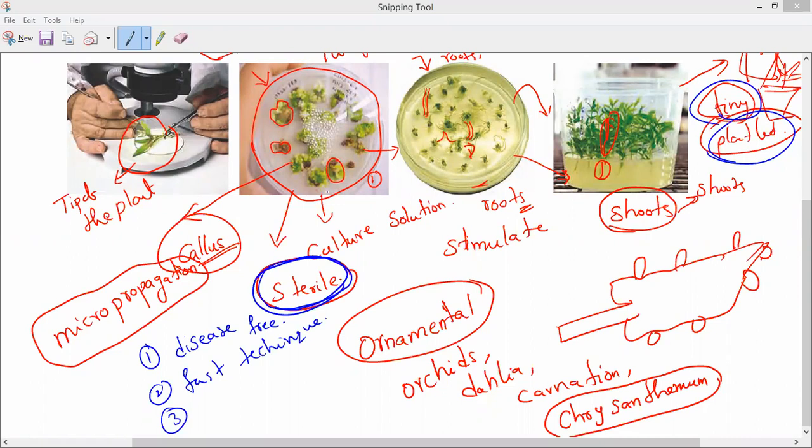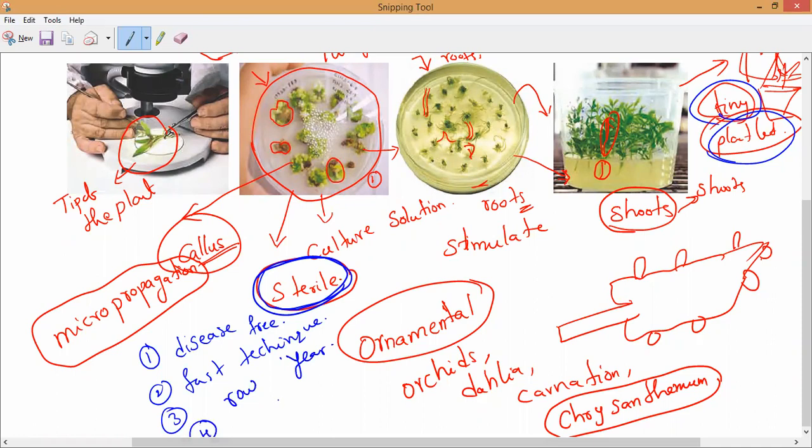It is growing in sterile conditions in the lab, so we are not supposed to depend on weather or season. Whatever the season, whatever the weather, it can grow continuously all around the year and produce plants. That is the advantage, not just seasonal.